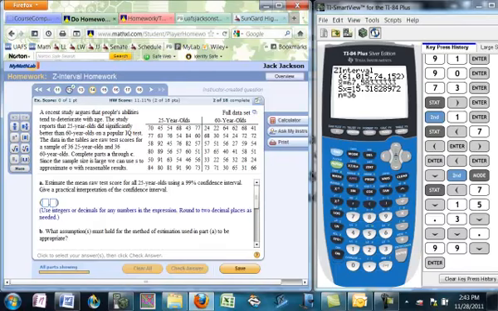That shows how you can use data to figure out the x bar, and it does that internally.